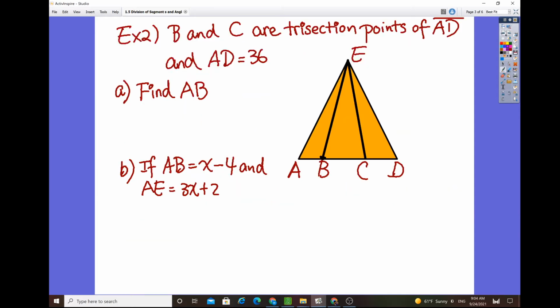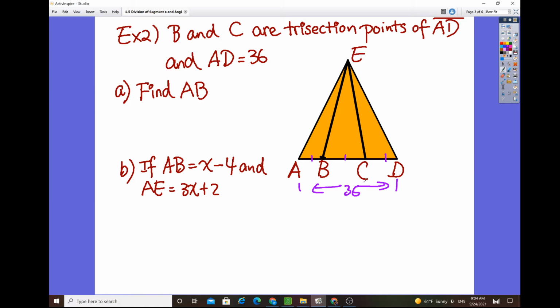Now let's look at one of the examples. B and C are trisection points of segment AD. This is saying that AB, BC, and CD are all congruent. One thing given here is AD is 36, so the entire segment is 36.